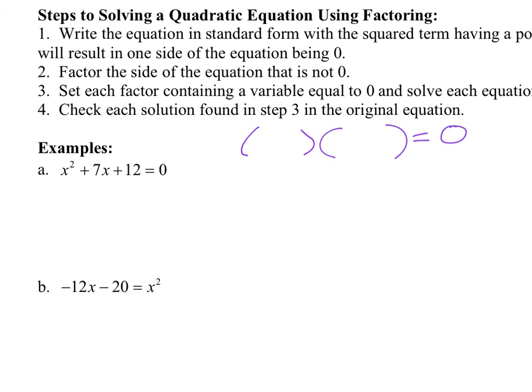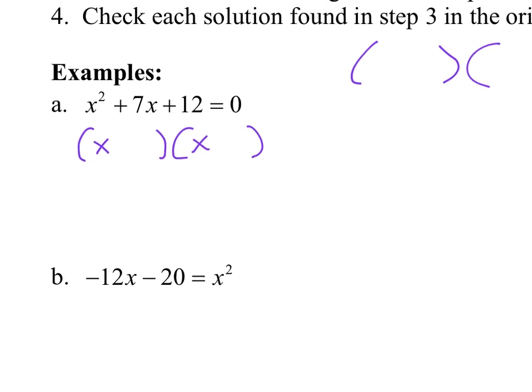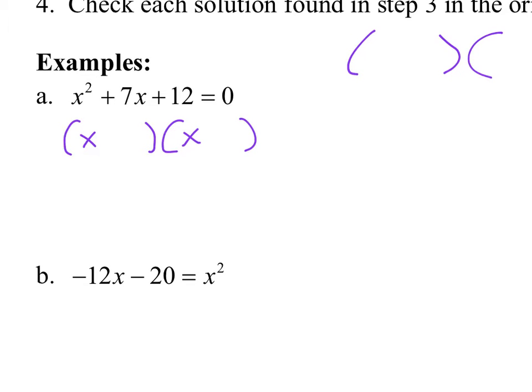All right, x squared plus 7x plus 12 equals 0. So we factor it. I'm actually going to zoom in a little bit more. All right.